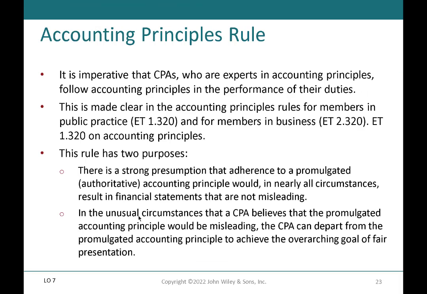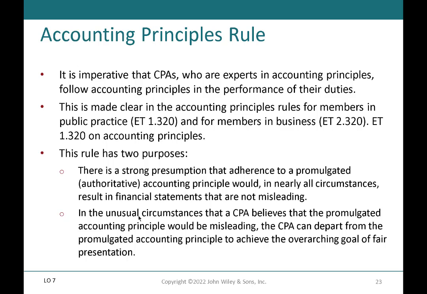The first one is the accounting principles rule, and basically this is just stating that CPAs are experts in accounting principles. They have to follow these principles while performing their job duties, and this rule is stating we don't want to go outside of GAAP unless there's really an overarching reason to do so.